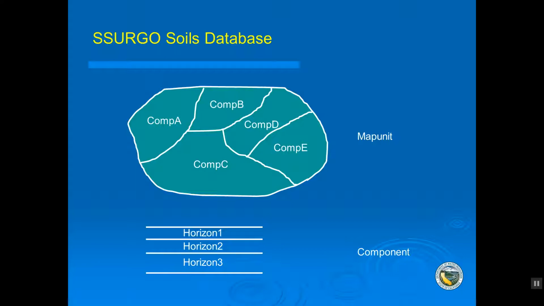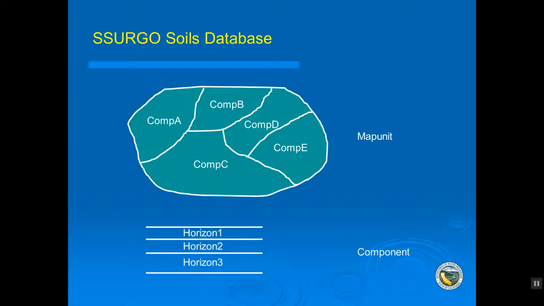To be able to do any kind of geospatial analysis with this data, what you need to do is somehow take this tabular information and bring it up to the map unit level. So what you have to do is maybe average these out, or do some kind of processing over the horizons, and then come up with a representative hydraulic conductivity for component A, component B, and so on.